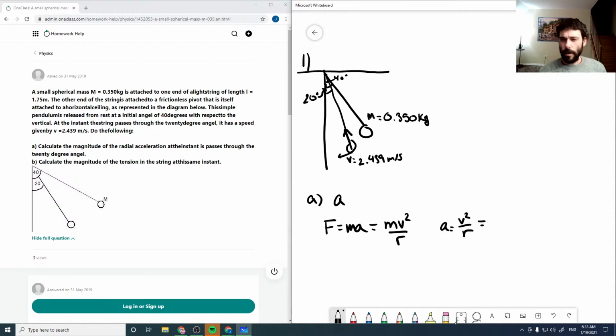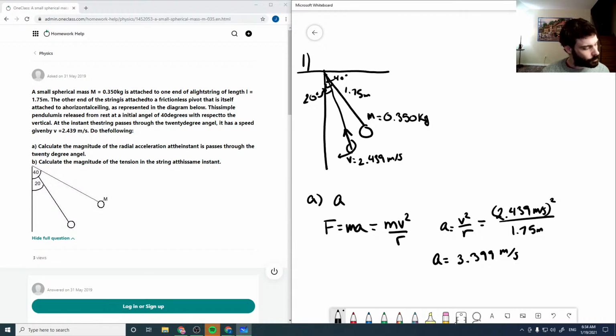So A is v squared over r, which is 2.439 meters per second squared, over our r, which is given in the question as 1.75 meters. Now if we do this out on our calculator, we get 3.399 meters per second squared. Okay, so there's our radial acceleration.